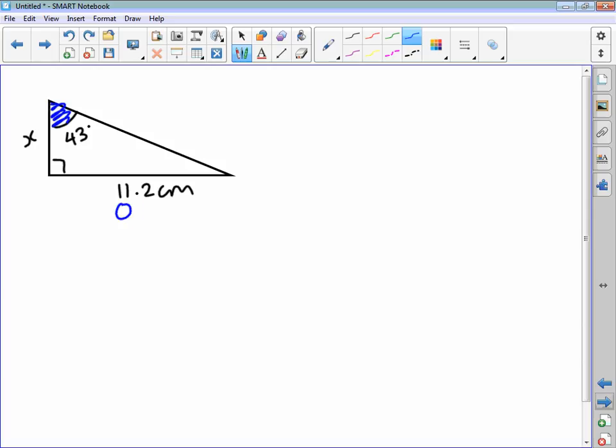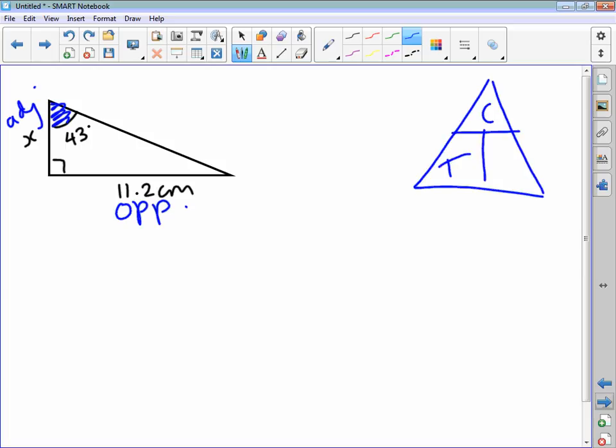This side here is opposite, this side here is adjacent. In that situation, we use tan. So using the formula triangle again, tan of the angle equals the opposite side divided by the adjacent side.